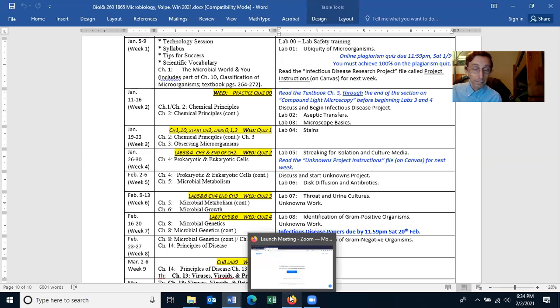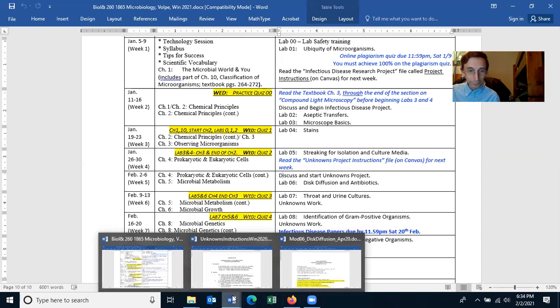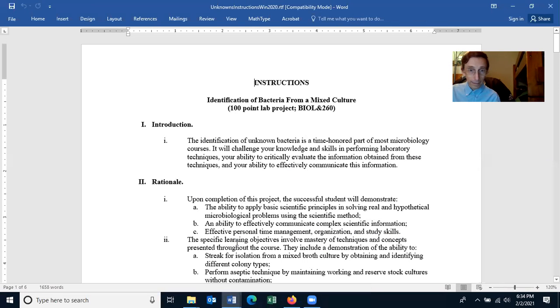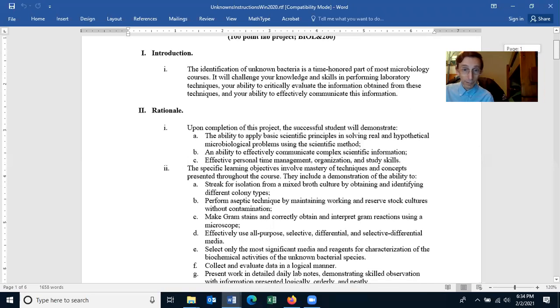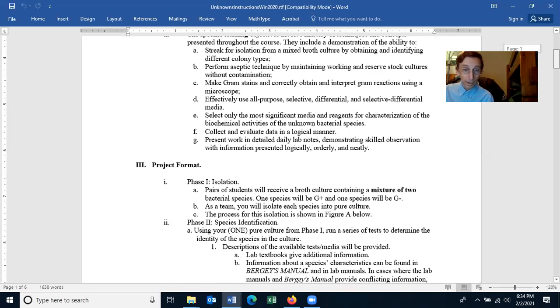Under the lab module, I think it's under week 5, but maybe it's week 6, there's a file called unknown instructions, and it will be the introduction for what you're supposed to do.